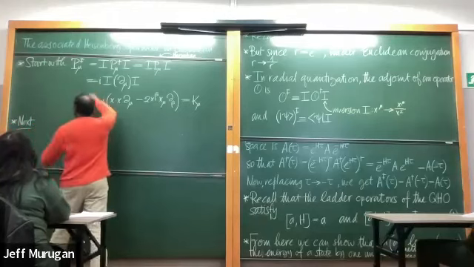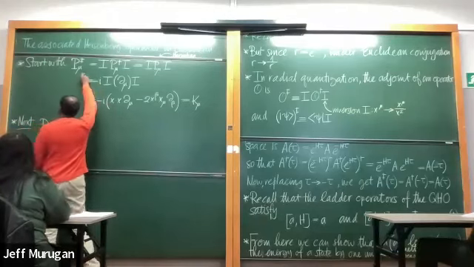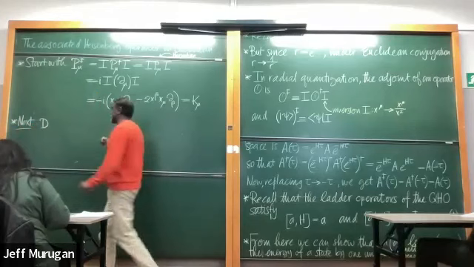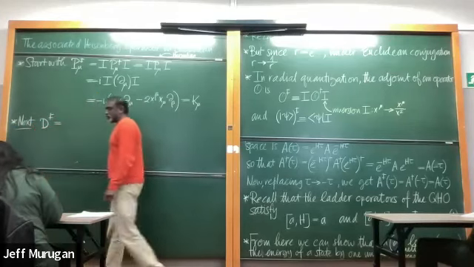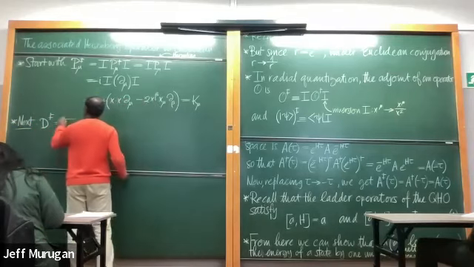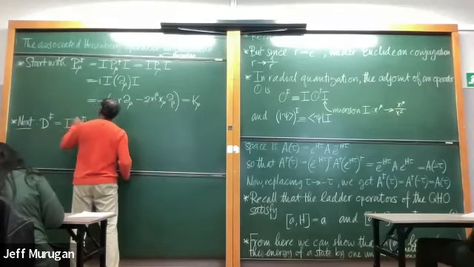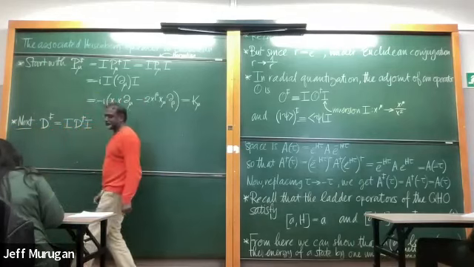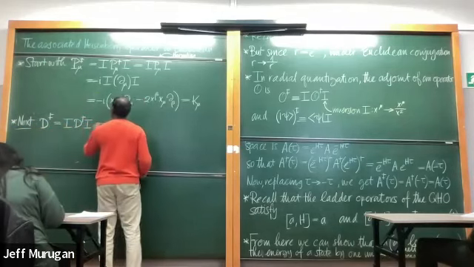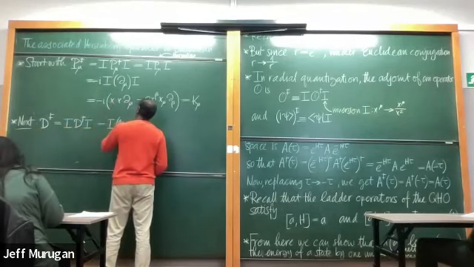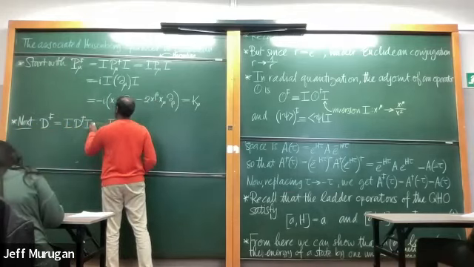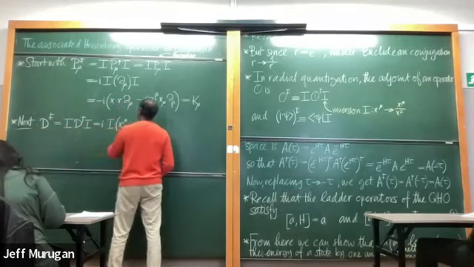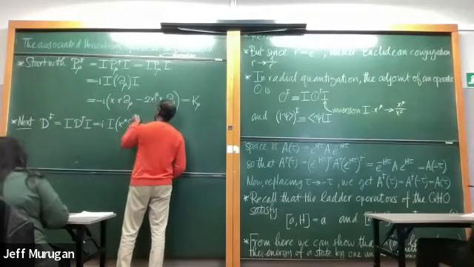The next point is to see what happens with the dilatation generator. If I take the dilatation generator and take its Euclidean conjugate, this is just I D dagger I, which is I x nu d nu.